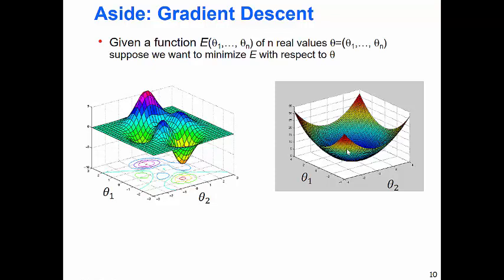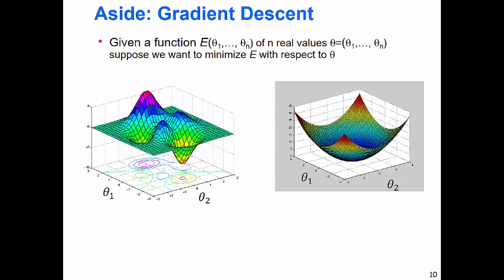In either case, what we want to do is find parameter values that minimize these functions. We're going to think of this function as an error function, so we want to have small error. The typical way of doing this is gradient descent, which is nothing more than starting out at one point on these functions. Then you find the direction of steepest descent, that's just the gradient, and you move in that direction by some amount.